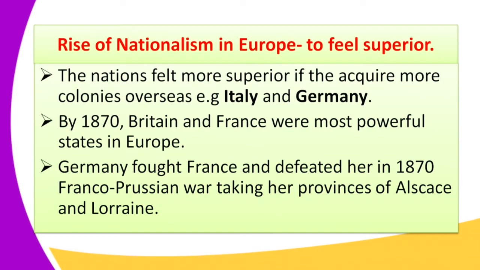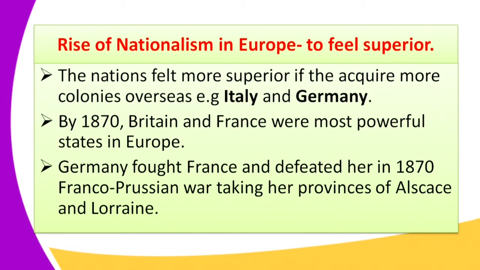The Germans, after defeating France, took her provinces, and these provinces were so fertile, or rather rich provinces. These provinces are Alsace and Lorraine. They belonged to France, and therefore the Germans, when they defeated France, were able to capture these two main provinces.